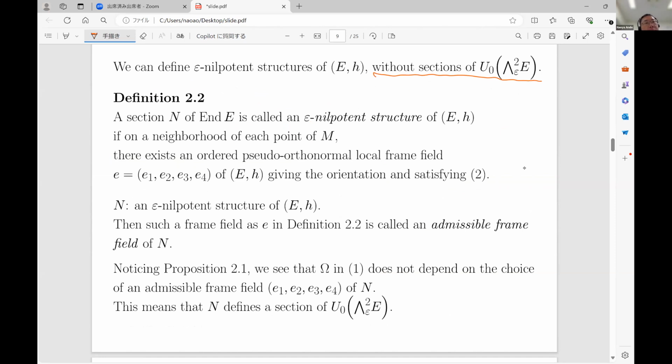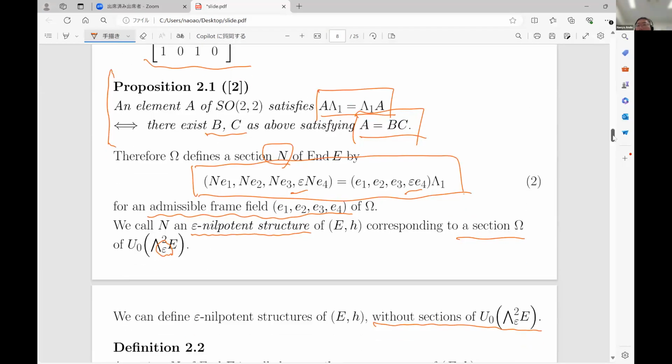A bundle endomorphism large N is called an epsilon nilpotent structure of EH if on a neighborhood of each point of M there exists an ordered pseudo-orthonormal local frame field, small e, giving the orientation of the vector bundle and satisfying this.